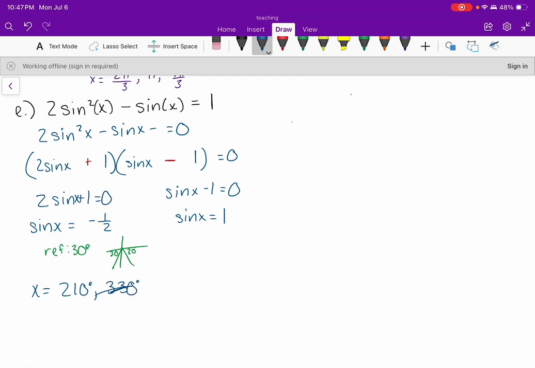And just a little note here, if you had this as solve for all values, it would have been 210 plus 2 pi k, and then we would have had 330 plus 2 pi k, and then the other side, sine equals 1 at 90 degrees plus 2 pi k, or I really should do 360k since I'm in degrees.